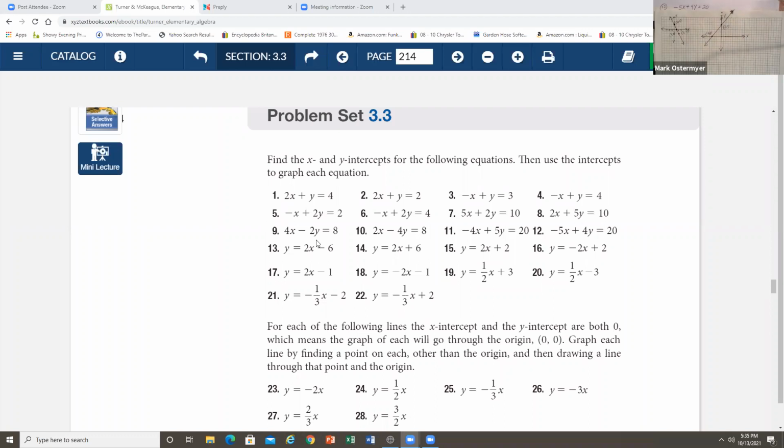See if you can find those intercepts and then graph the linear equation. When you get a minute, can I see that graph again?